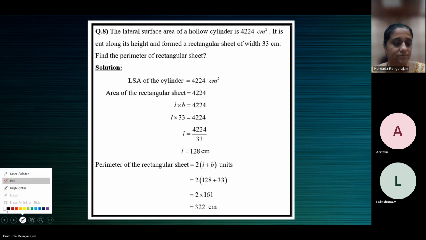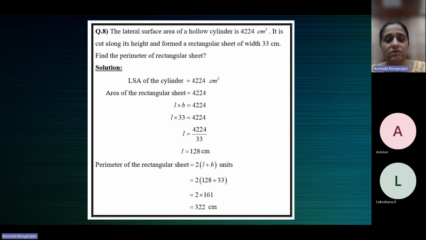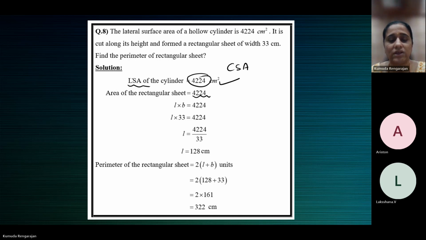So the lateral surface area is given. Whatever is the curved surface area of the cylinder will be the area of the rectangular sheet also. So the area of the rectangular sheet is equal to the lateral surface area of the cylinder, 4224.